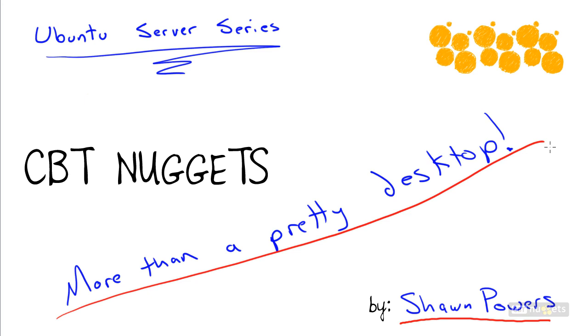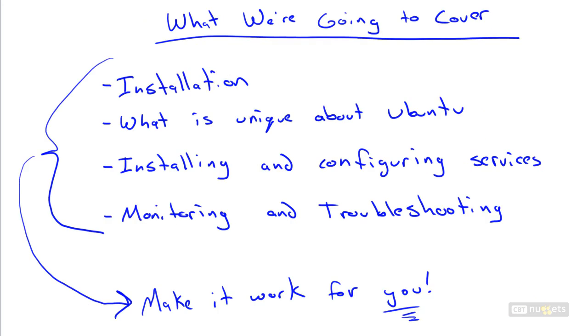If you've ever been confused between SUSE and Red Hat or CentOS and Debian or Ubuntu, hey, this is the series for you. I'm going to do my best to explain Ubuntu and all of its nuances in the server room. So, if this is something you're interested in, keep listening, because we're going to talk about installing Ubuntu on servers.